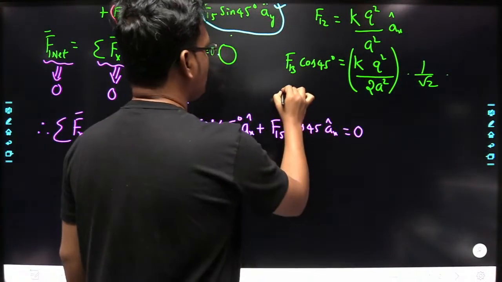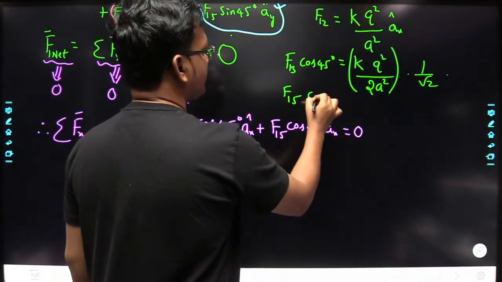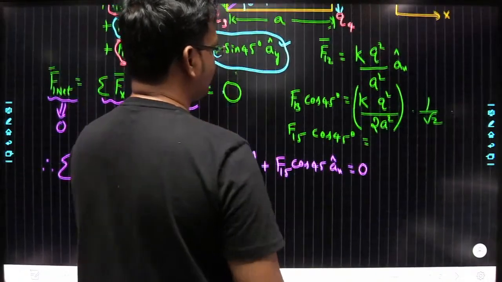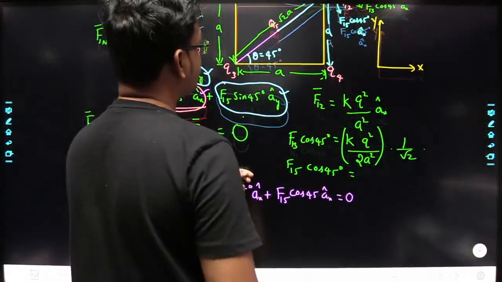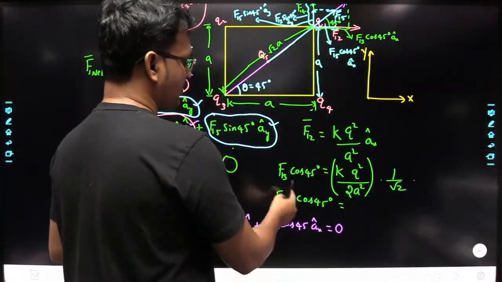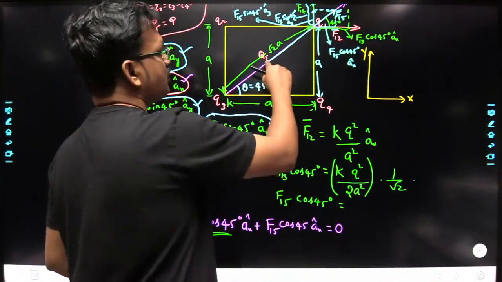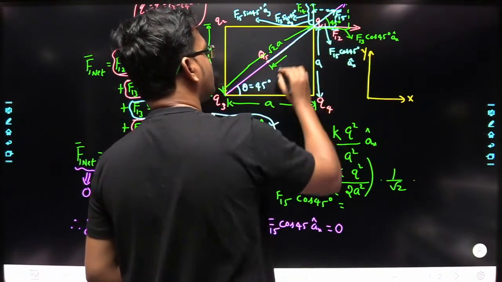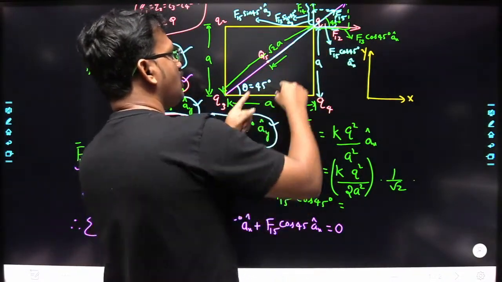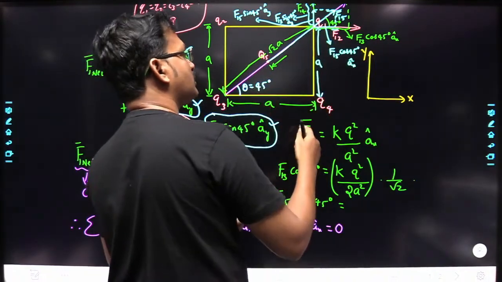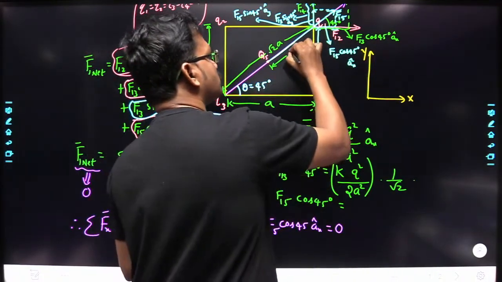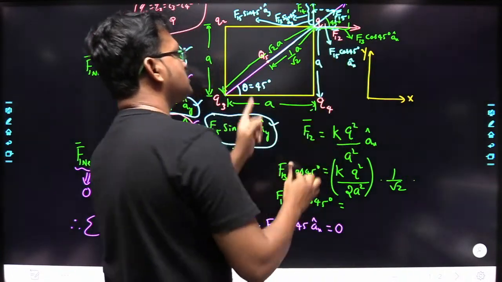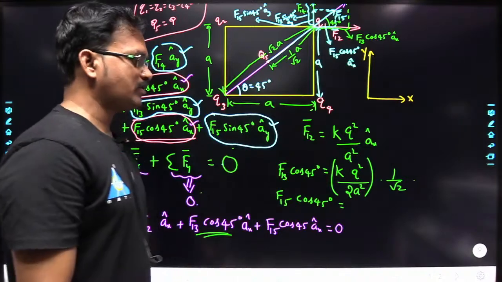Now similarly, what is F15 cos 45 here? F15 is the magnitude of force between Q5 and Q1. The whole distance is root 2A, so the distance between Q5 and Q1 is root 2A by 2, that means 1 by root 2A.